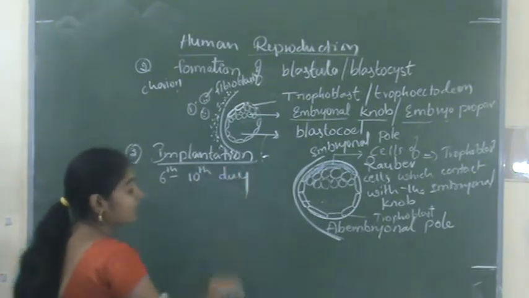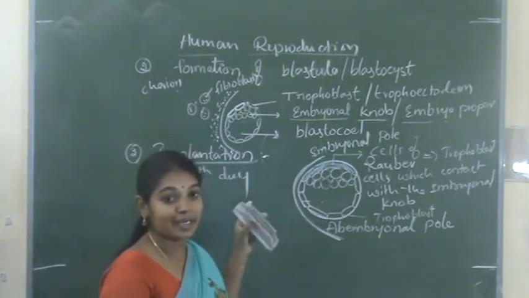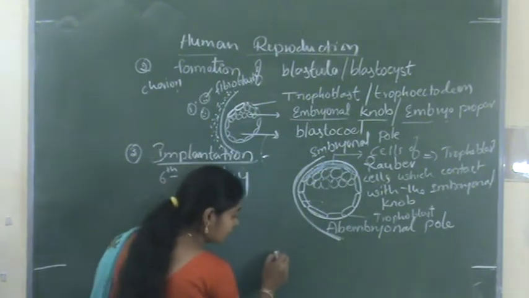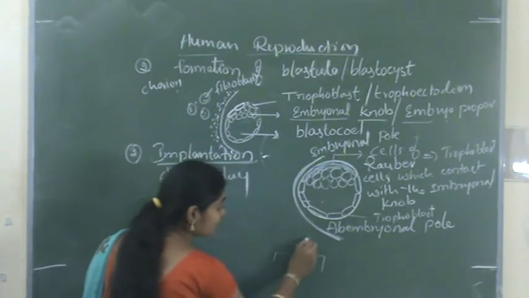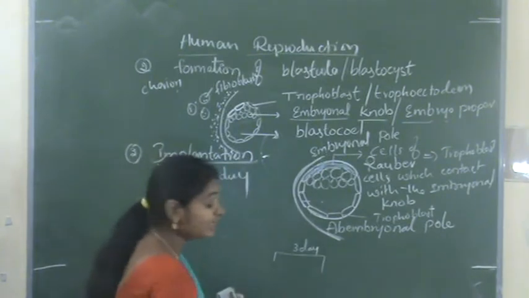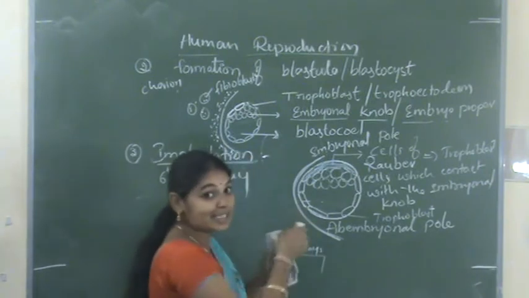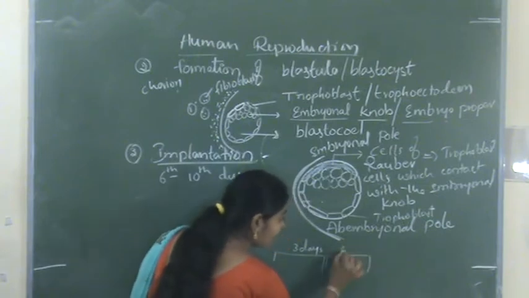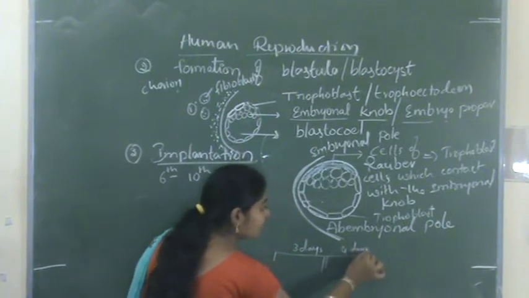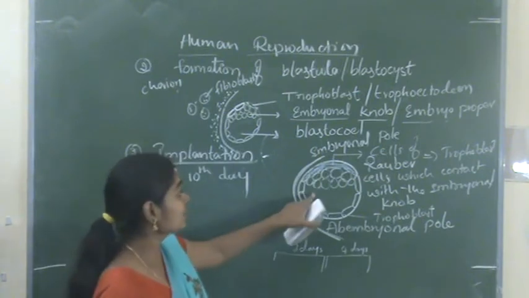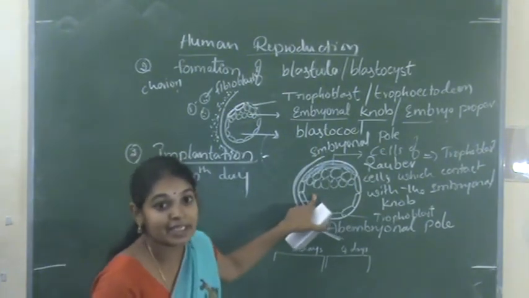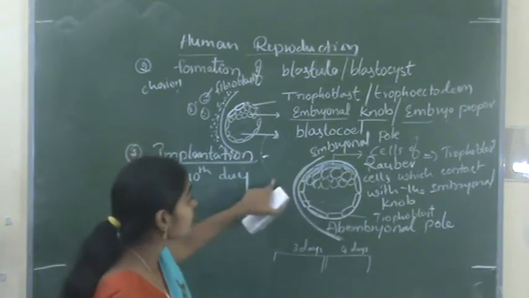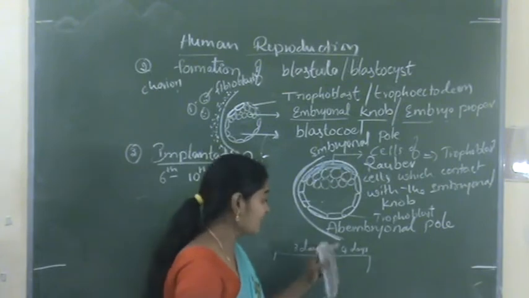As we already discussed, from the morula formation it takes about 3 days, and after that, once the morula enters the uterus, it takes again 4 days for the formation of the blastocyst and its deep incorporation into the endometrial lining of the uterus.